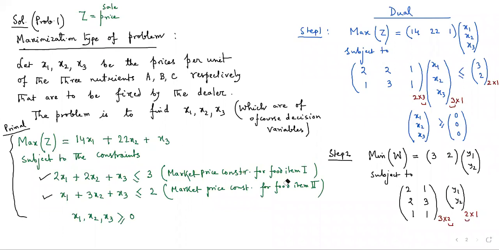The lesser than type of inequality will become a greater than type of inequality in this particular problem. So we write greater than type of inequality. This is the conversion. And on the right hand side, we write the transpose of this matrix.